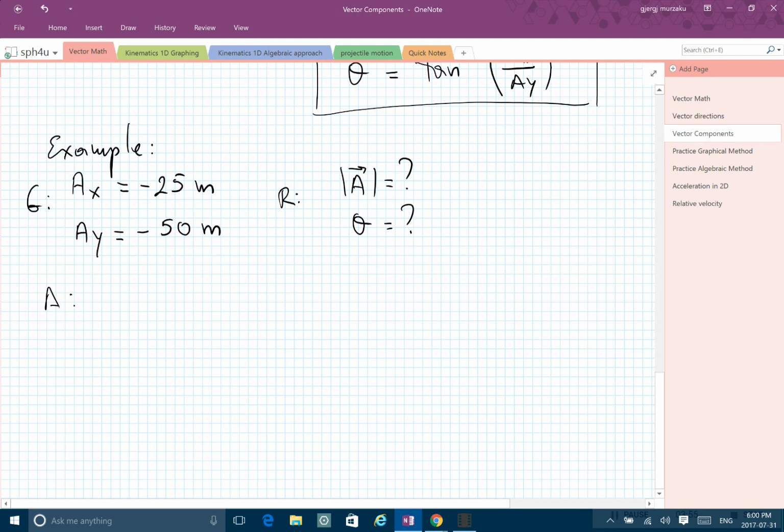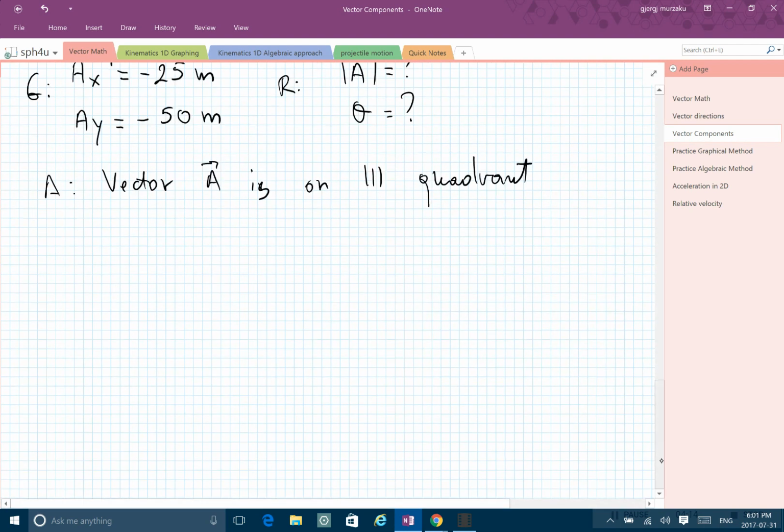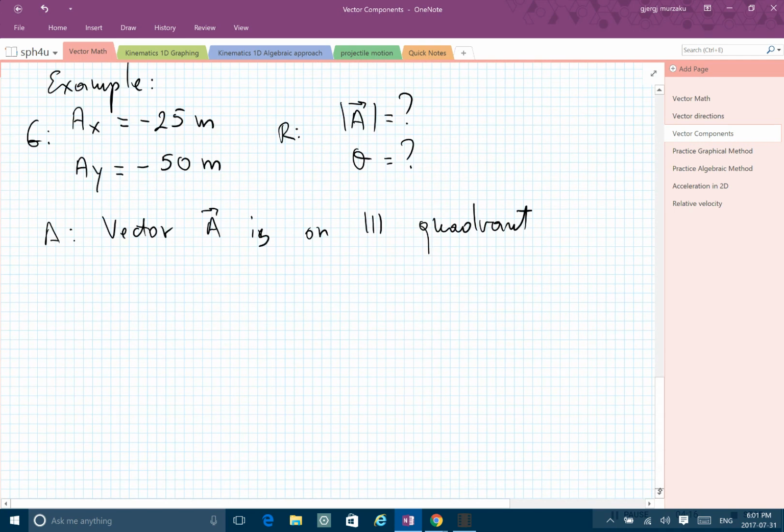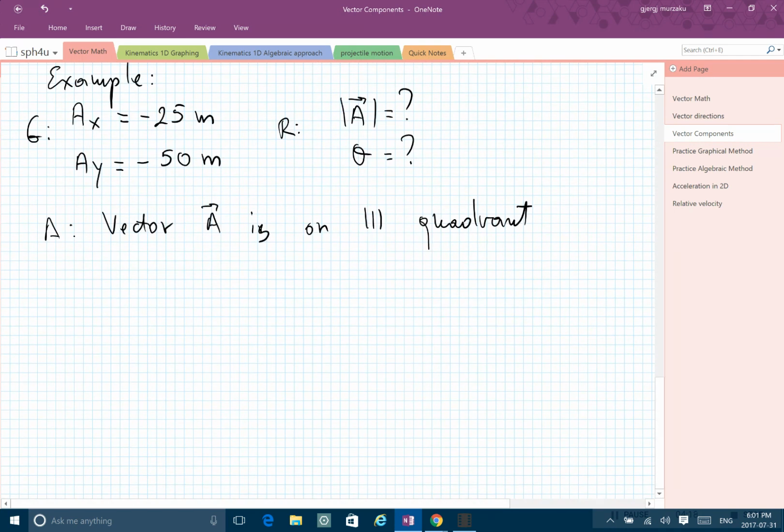So minus 25 for AX and minus 50 for AY means that vector A is in the third quadrant. What does that mean in compass direction? It means it's somewhere in the southwest direction. But remember, X and Y are better because they're abstract and you can pair them with whatever concrete directions you're dealing with. All right, so let's draw it.